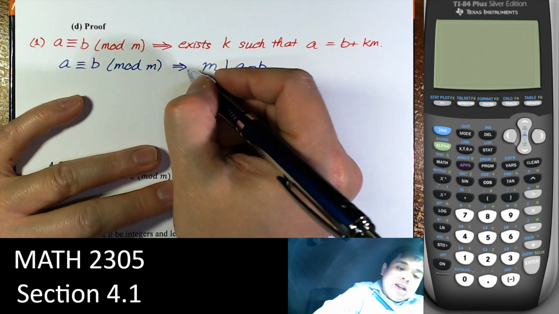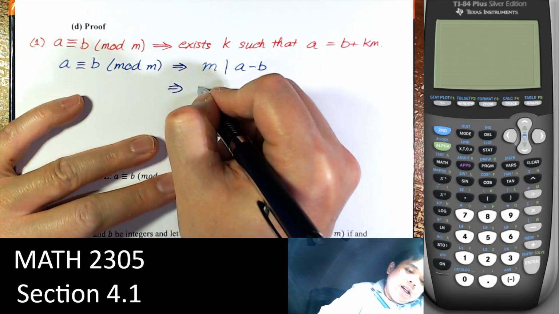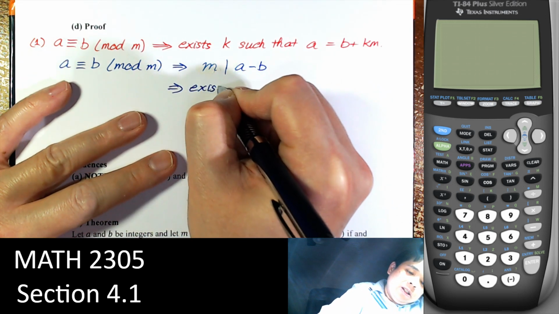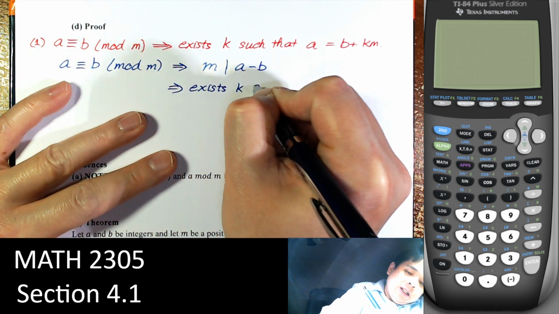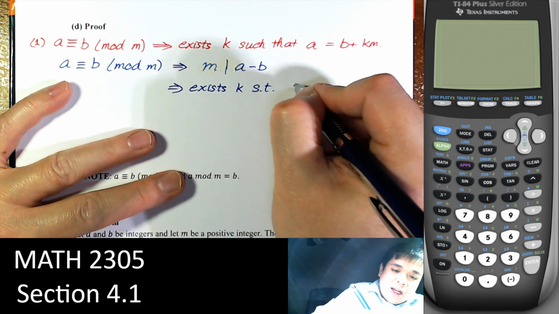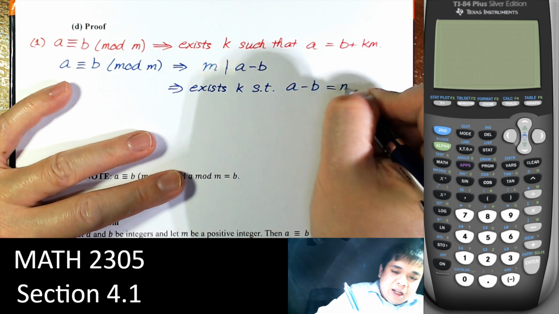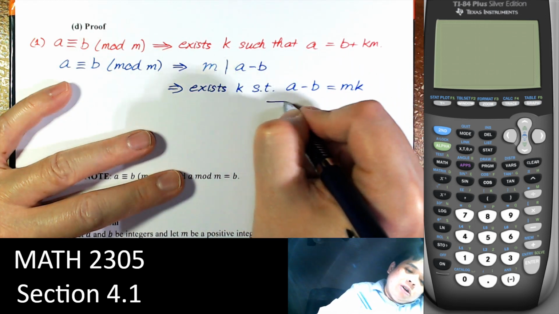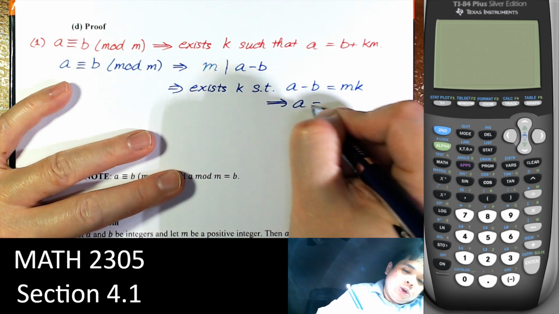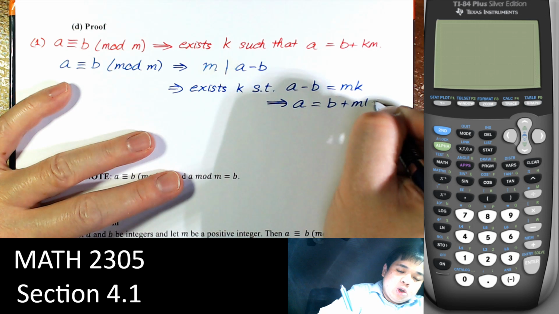Now because m divides the difference, there exists k such that a minus b equals mk, and of course from here we can imply that a equals b plus mk. Right, so one side is good.